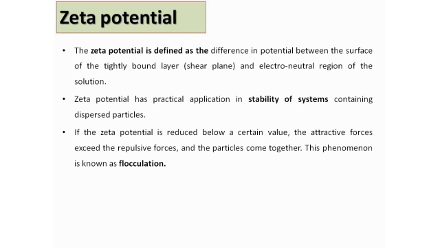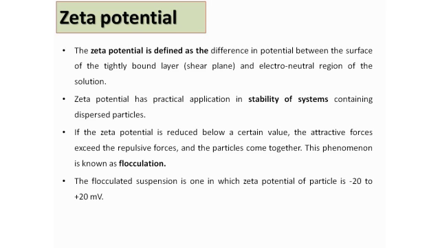Now if we reduce the zeta potential below a certain value, what may happen? Then the attractive forces between the particles will exceed the repulsive forces. The particles will come close to one another, and this phenomenon is known as flocculation.